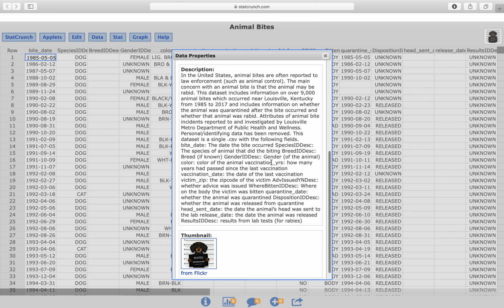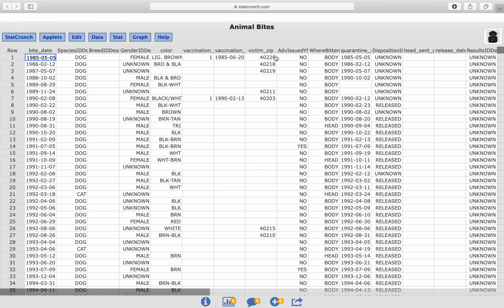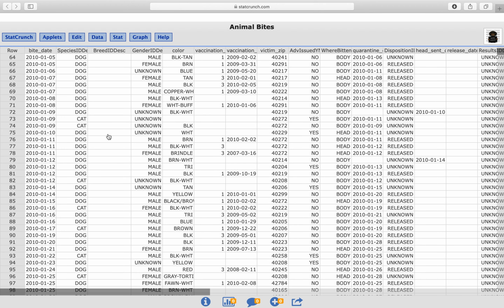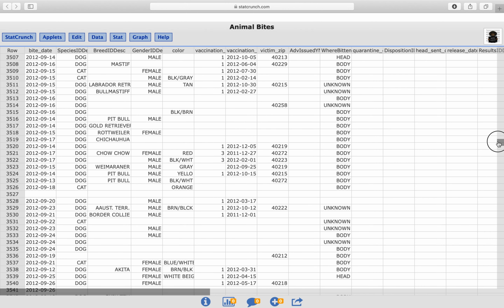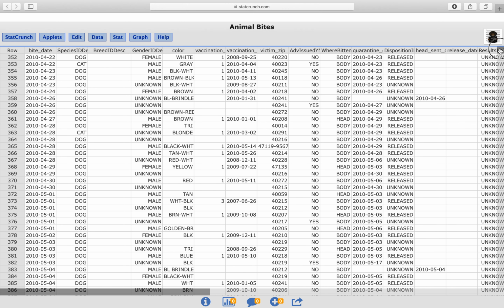If you look below, you can see what each of the variables mean. If we go back to the dataset, we can see we have the bite date, which is when they were bitten, the species of the animal, and the breed. If you scroll farther down, you can see all the different breeds of dogs listed here.